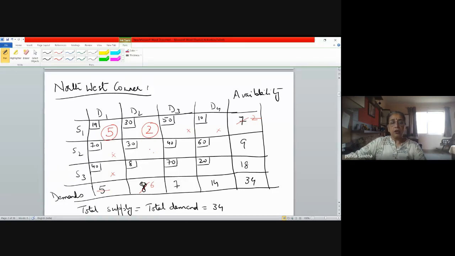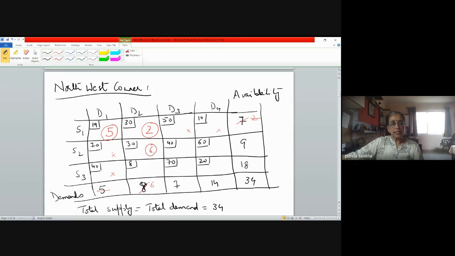Now again, we have to choose the minimum from A2 and B2. Why? Because my cell is 2, 2. So it has to be A2 and B2. Now we have to choose the minimum of 9 and 6. So which is the minimum out of the two? Obviously 6.